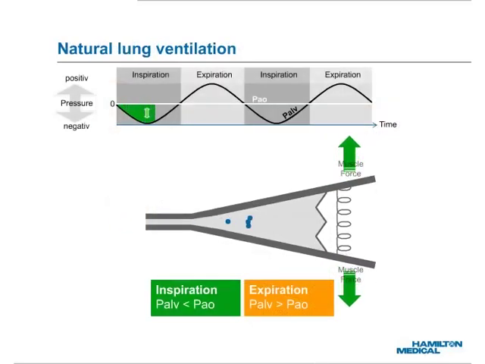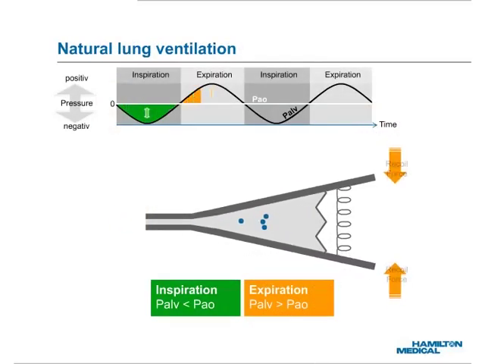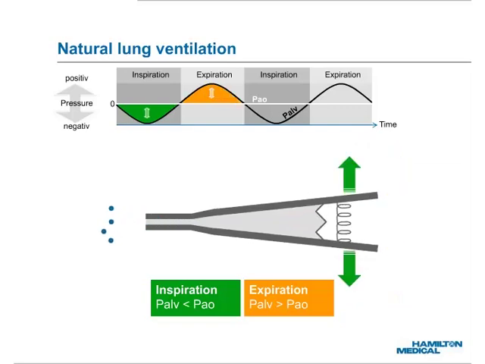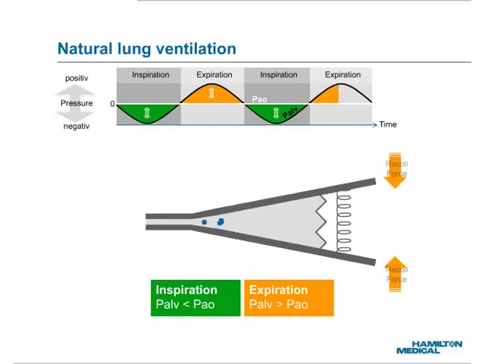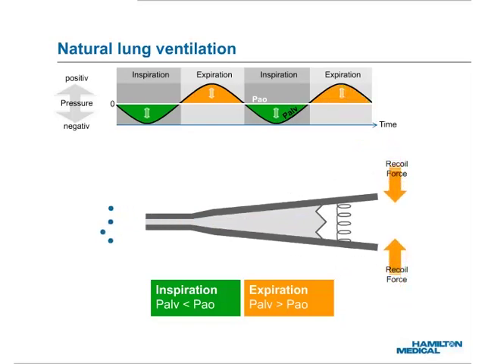Natural lung ventilation. A. Inspiration. Natural and quiet inspiration begins with downward movement of the diaphragm, causing the alveolar pressure, PALV, to drop below the airway opening pressure, PAO, which is equal to atmospheric pressure.